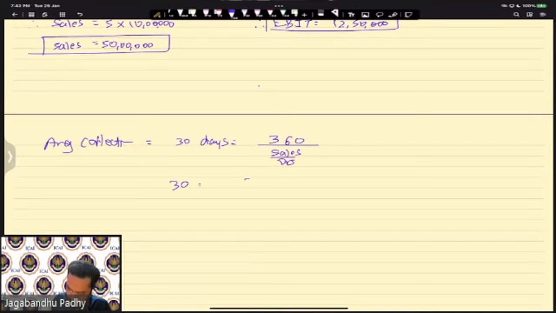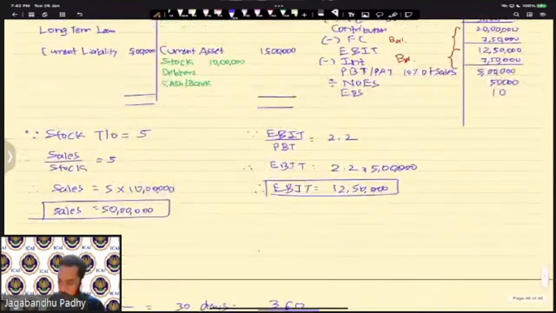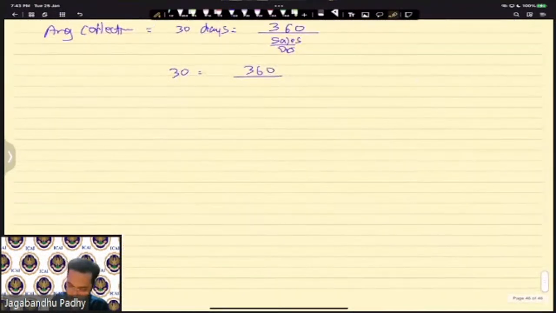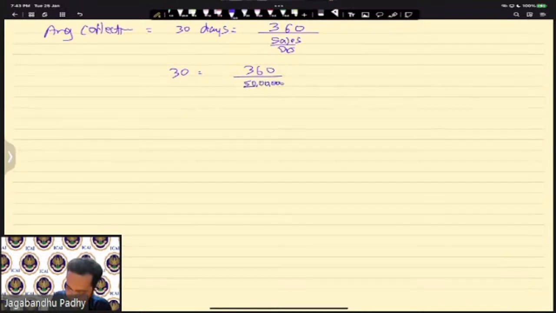Now from this we have to do all other sort of calculations. This 30 will be 360 divided by sales upon debtors. Sales is 50 lakh, so 50 lakh upon debtors. So we can say that the debtors value will be 50 lakh multiplied by 30 upon 360.